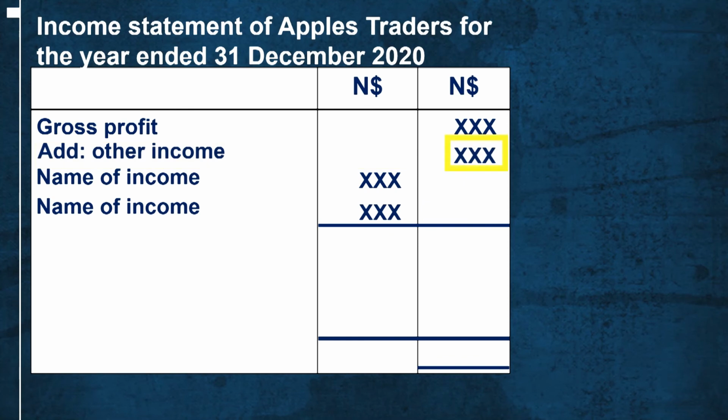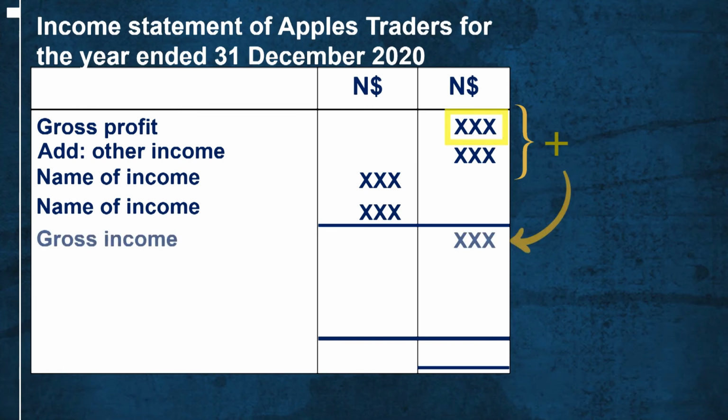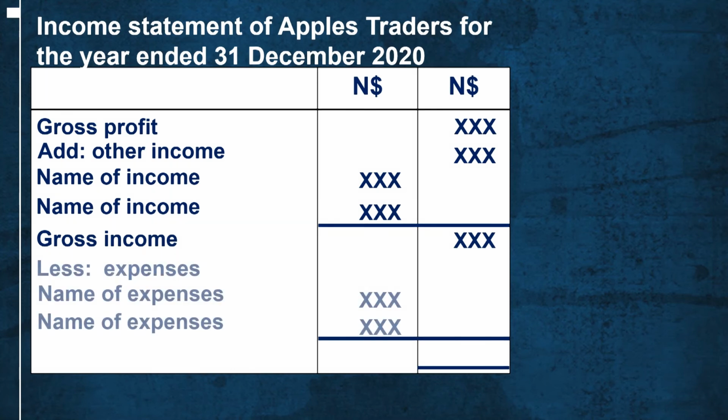The total of incomes is added to gross profit, which then gives us gross income. And then the amount is recorded in the second column in line of gross income. From there, we list all the expenses and record the amounts in the first column. These expenses are then added up together.